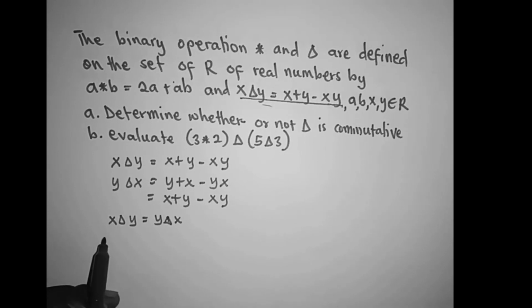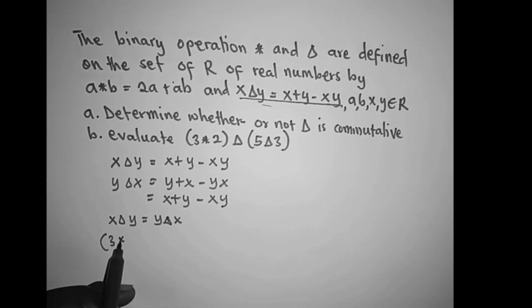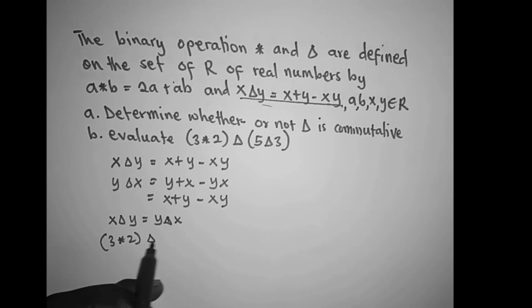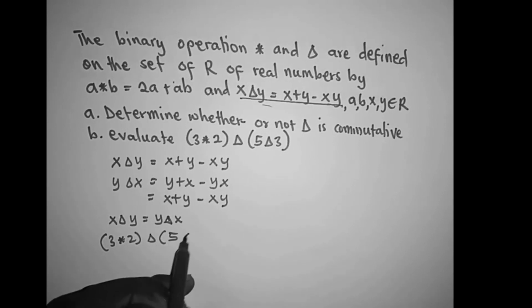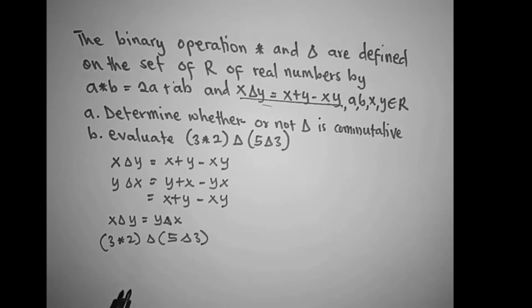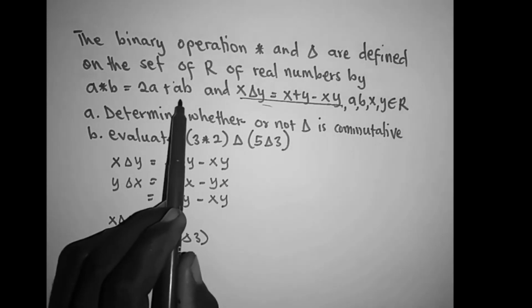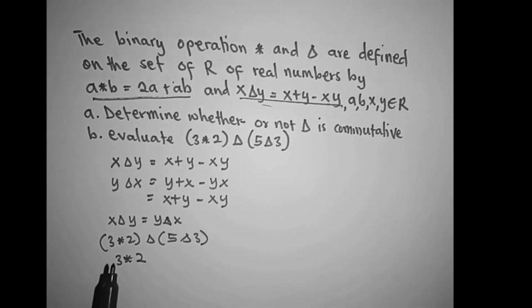Now we are supposed to evaluate in one bracket 3 asterisk 2, in another bracket 5 delta 3. So the first thing we need to do is to determine 3 asterisk 2. Remember that comes under the asterisk, which is a operation b.